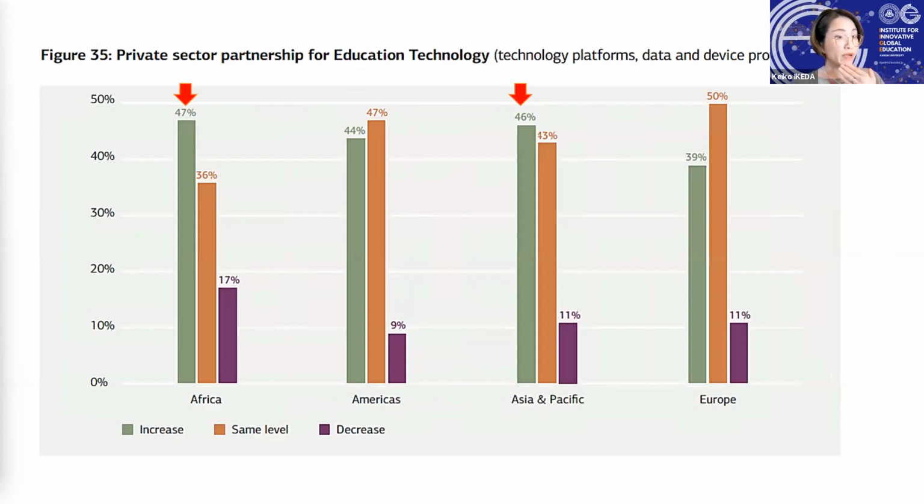So a great majority of higher education institutions have private sector partnerships. I guess Study Abroad Association could be one of them, both for educational technology, which shows over 86%, and then beyond for 84%. And you can see in the region, Africa and Asia and the Pacific seem to show a good stretch here.